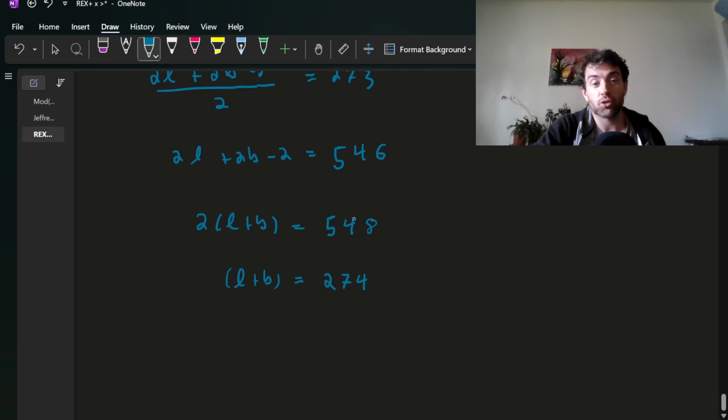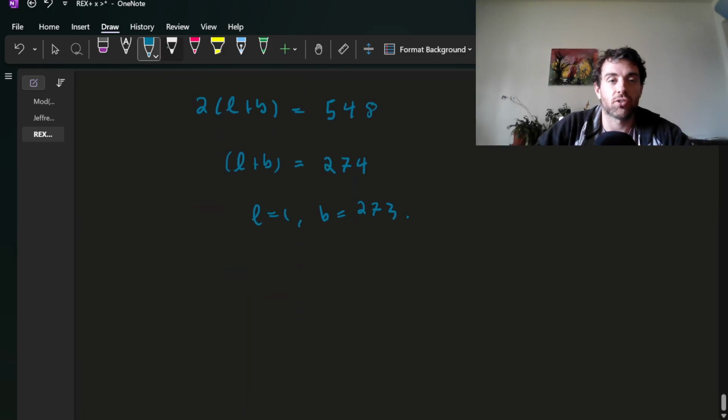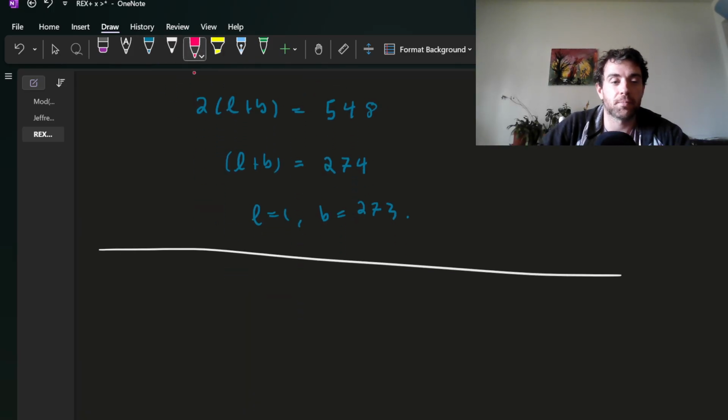So again, let's just pick some pair of integers for which this works. What's an easy one? Choose L equal to 1 and B equal to 273.